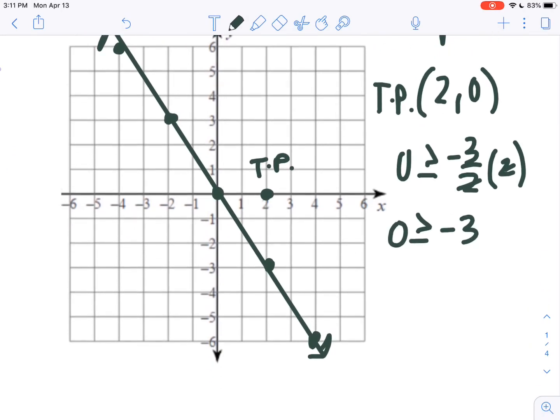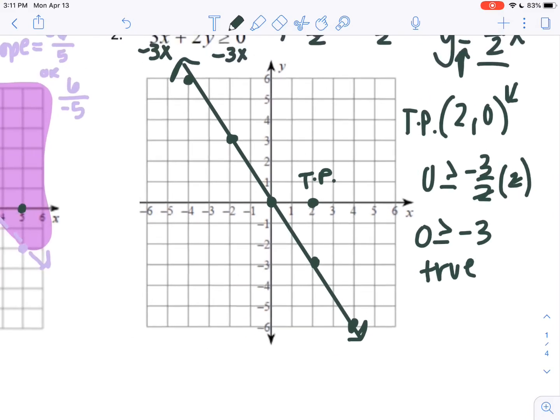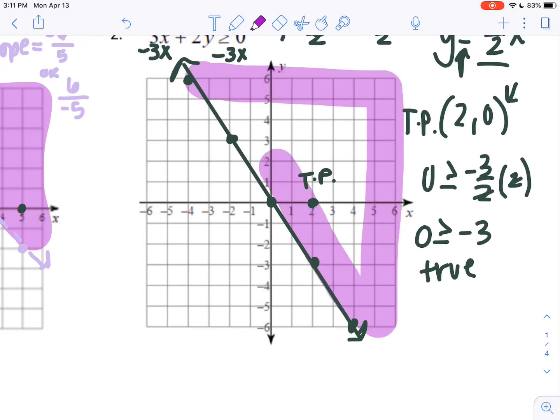So 0 is always greater than any negative number. So this is true, which means this is a solution. 2, 0 is a solution. So that's saying my test point is in the solution area. So I'm going to shade on the same side as my test point. So everything on this side of the line is a solution to the inequality. Everything on this side right here is not a solution.